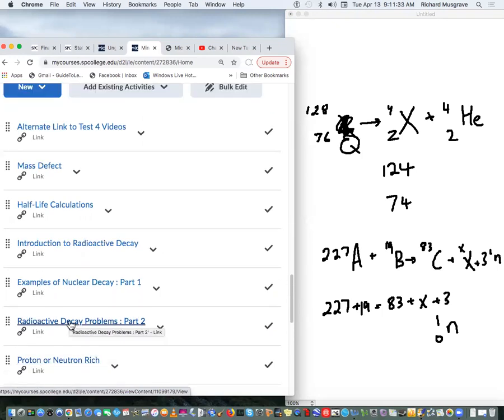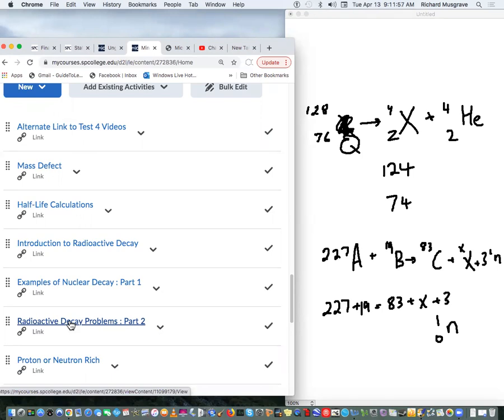So basically, once we determine which element it is, if the mass number is less than what the true mass number is on the periodic table, then it's going to be proton rich. And that's right. Higher, it's going to be neutron rich. That's exactly right, Katie. And then that's how we're going to determine which mode of decay to use.